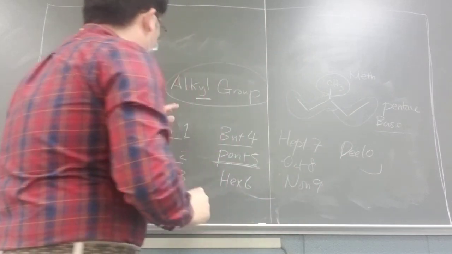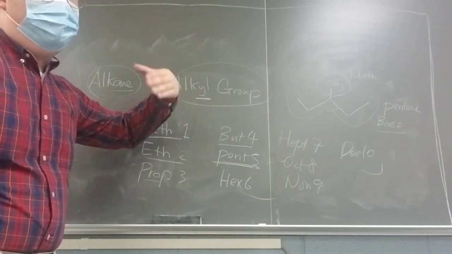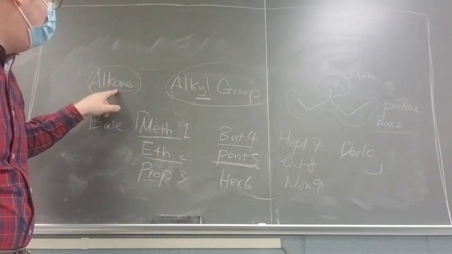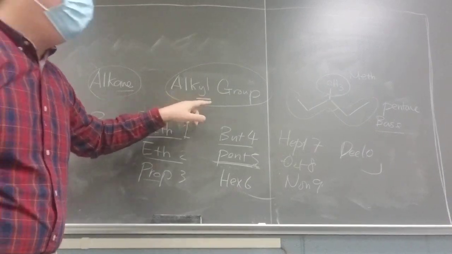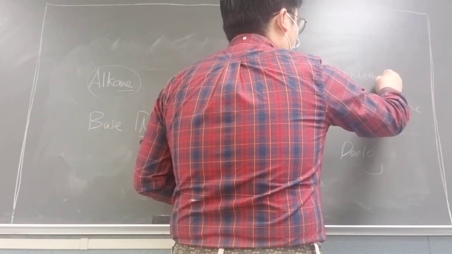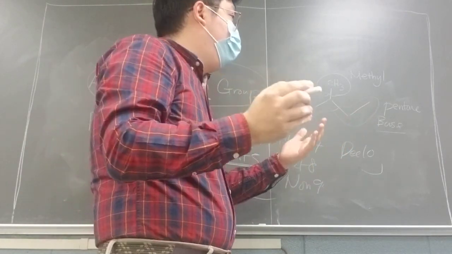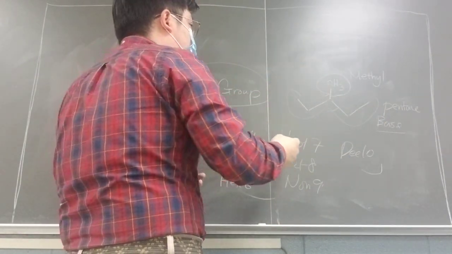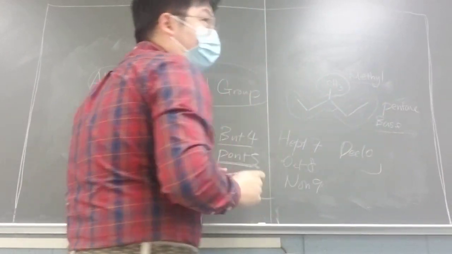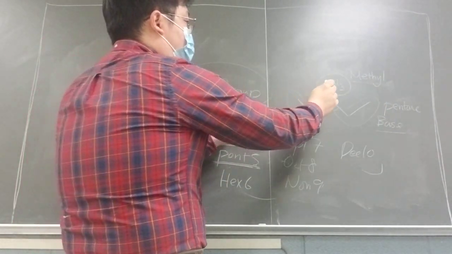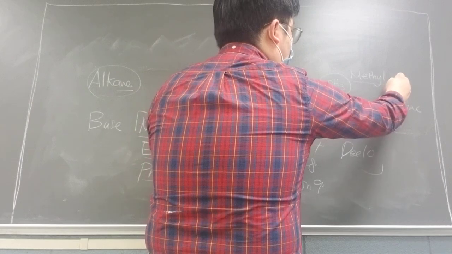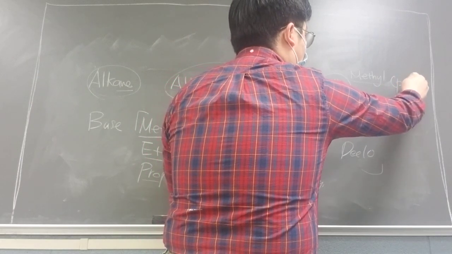And once again, if it's an additional group, we put not A and E, but YL. So this becomes methyl, or some people pronounce it methyl. Whatever is better for you to pronounce. But it has a methyl group over here. So this is your prefix now, right? Now you find your prefix.